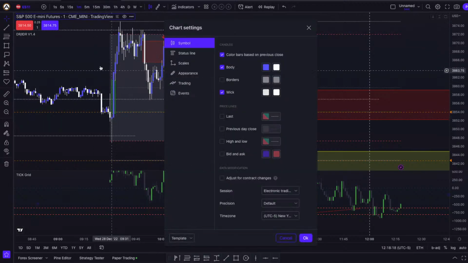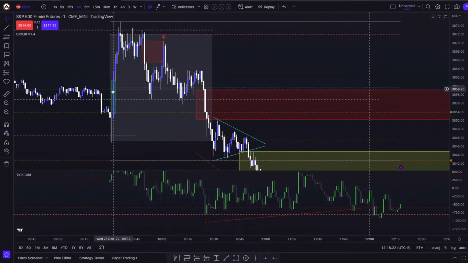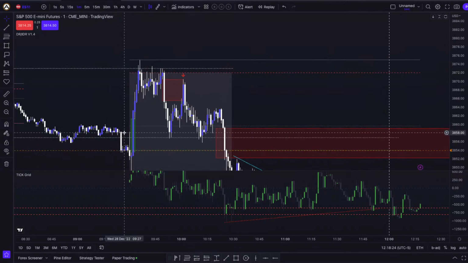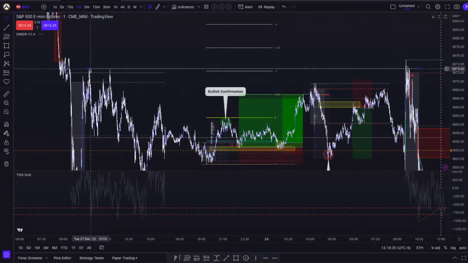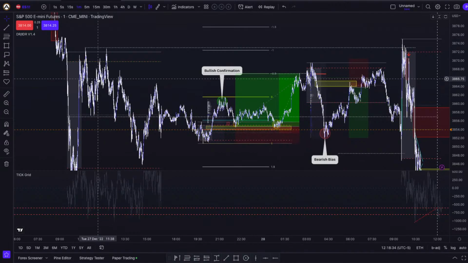during the beginning of the New York kill zone, or the opening range here from 9:30, after which we got this massive move to the upside, which took out buy side liquidity. With buy side liquidity, I mean this liquidity above those relative equal highs from yesterday's RDR range right here.